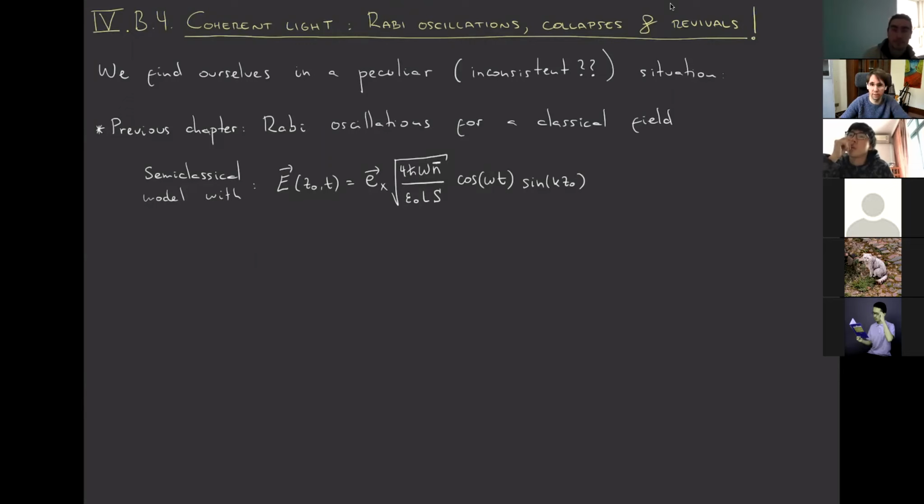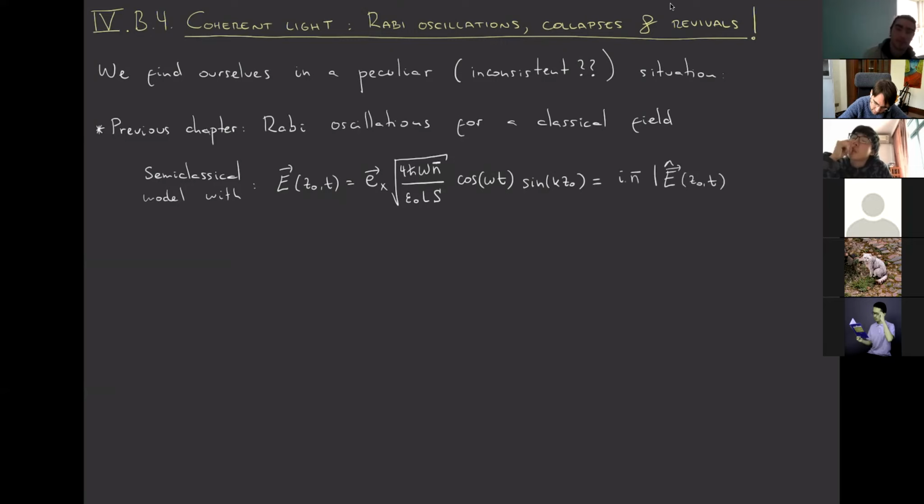So the first interesting thing about this is that this is exactly the state that you will obtain if you take your quantum field, okay? So your quantum field, and you just assume that you are in a coherent state with amplitude i square root of n.